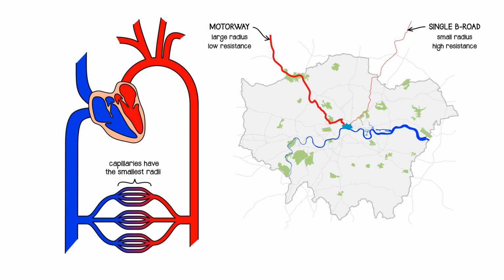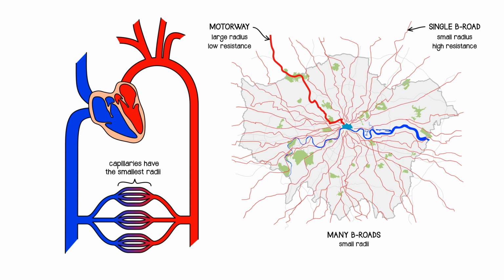But if you imagine that there are 1,000 B roads going into the city, the collective resistance of the B roads is reduced. And it's actually quite easy for the cars to get into the city on the B roads now because there are lots of them in parallel. The resistance of an individual capillary is high, but because you've got many, many thousands of them, their collective resistance is low.